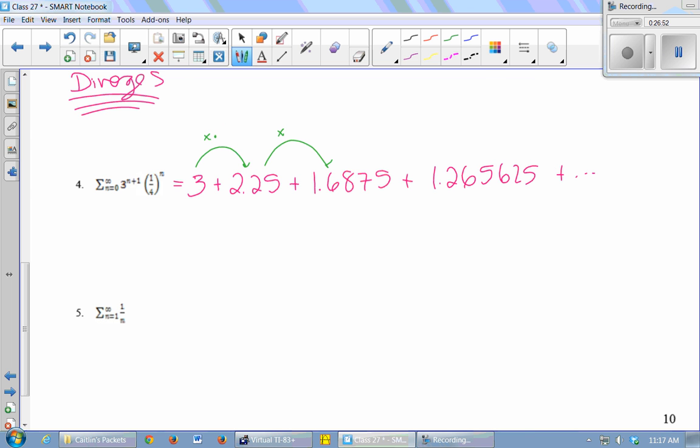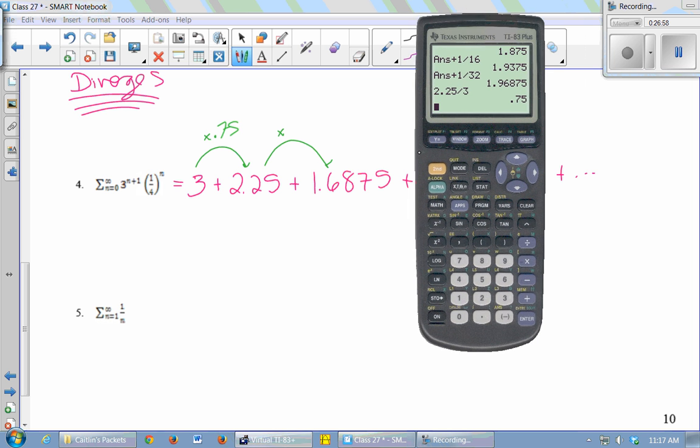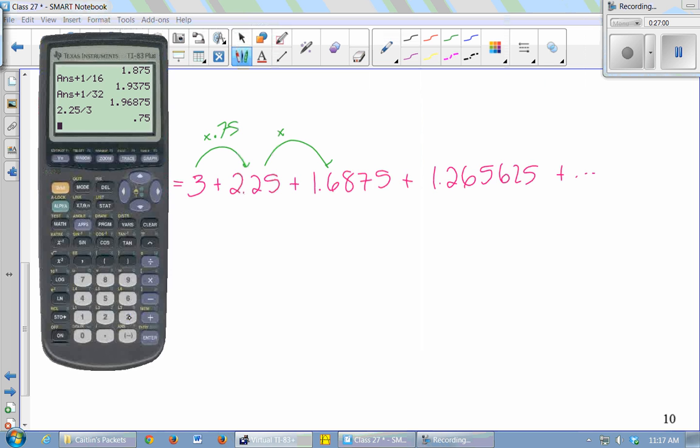So times 0.75. And then I should double check that the 0.75 pattern continues, right? So if I do 3 times 0.75, I get 2.25, times 0.75, I get 1.6875, times 0.75 gives me 1.265625.